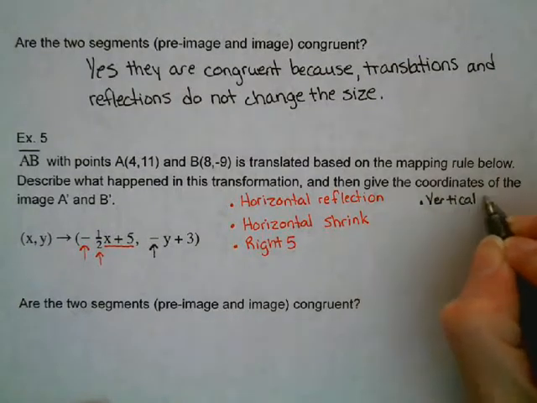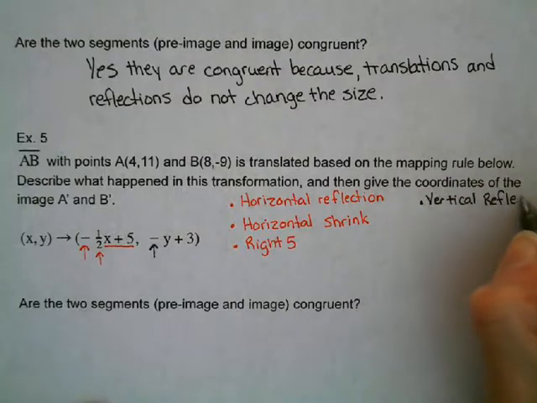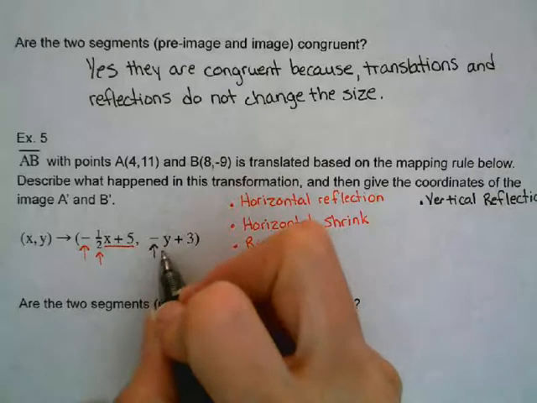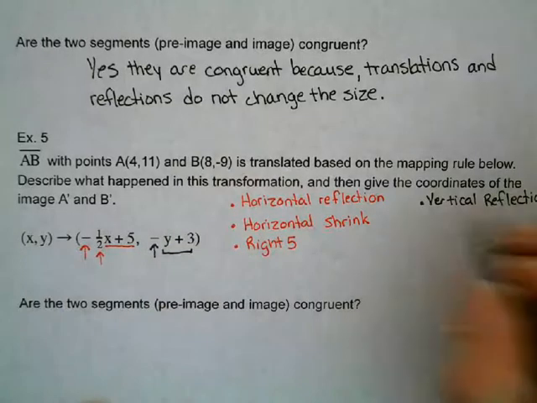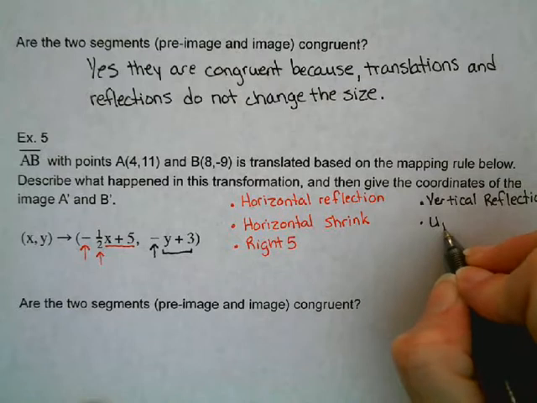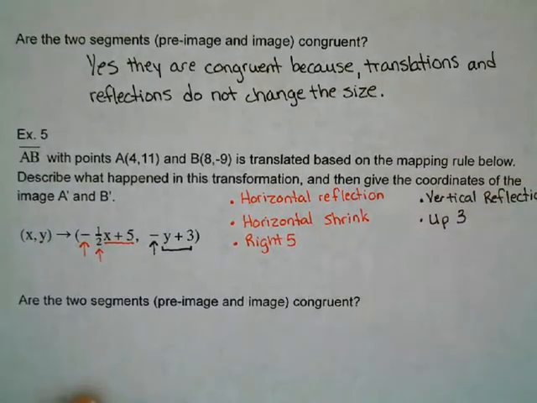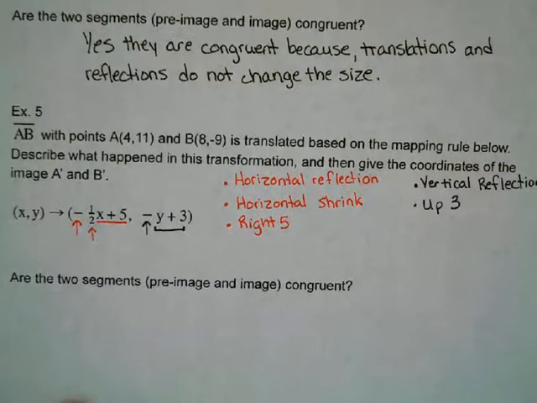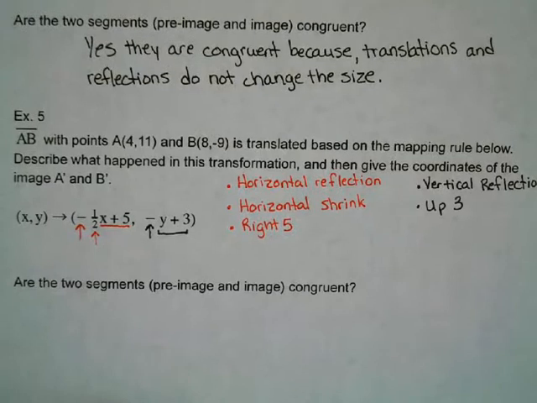Now let's look at the y values. We have a negative sign in front of the y, so we're going to call that a vertical reflection. Then we have no number in front, but we have y plus 3. So that would make the graph shift up 3, or translate up 3.